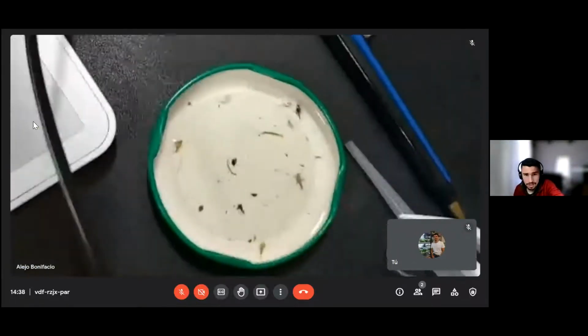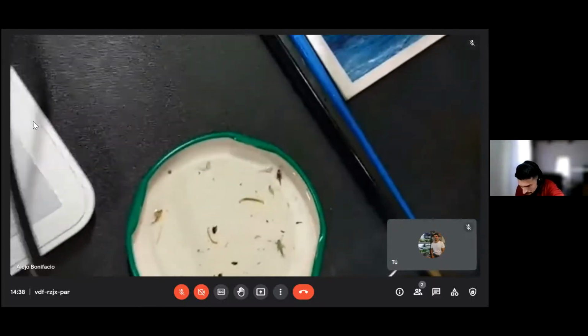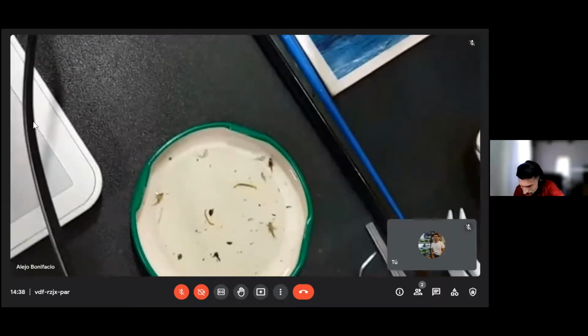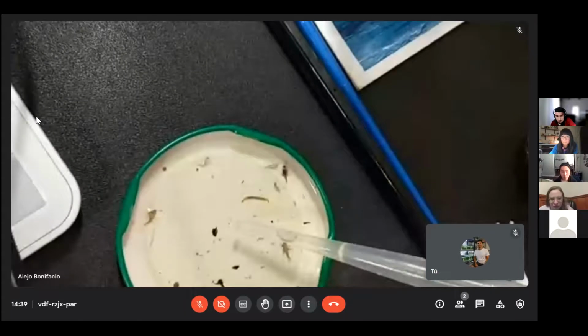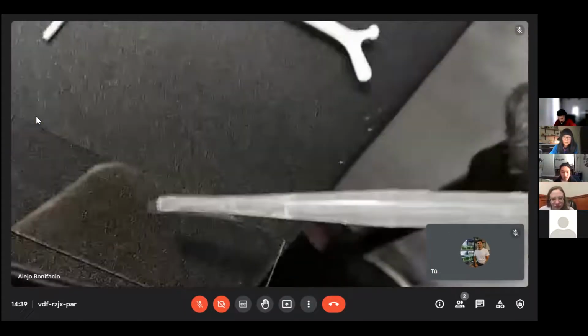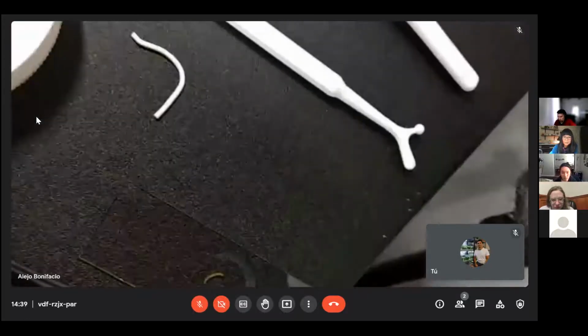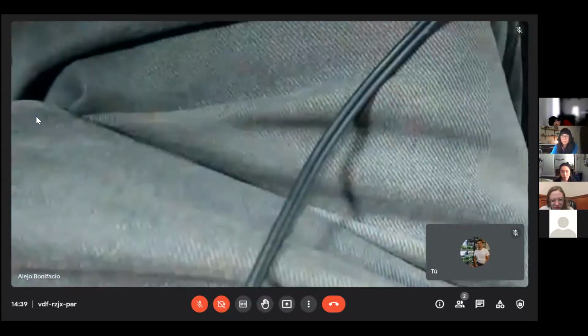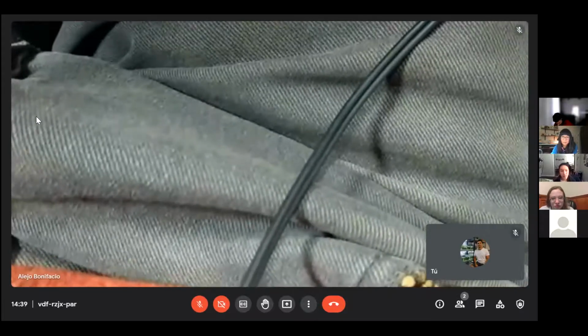These animals are preserved in ethanol, and you will see that here there is a bloodworm. I'm going to put it right here to see how it looks. I have to turn on the microscope light to see it.